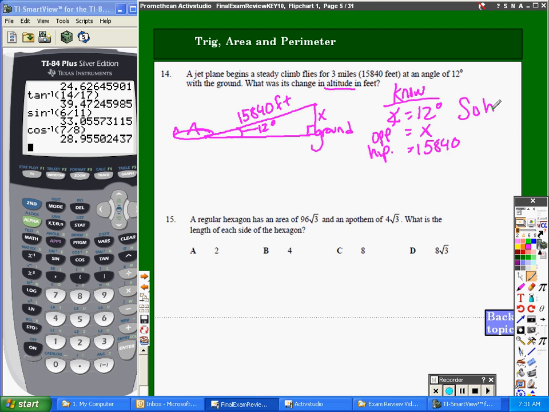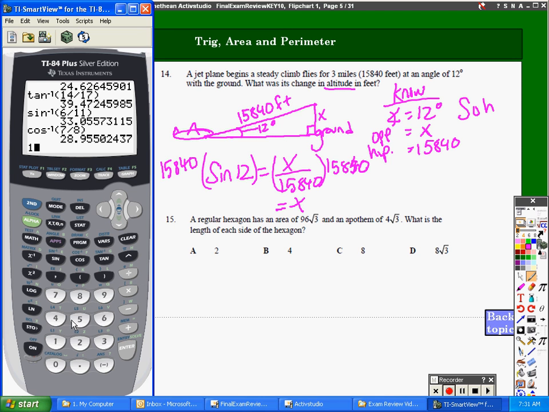Back to our SOH again, so our sine, and we're going to write our expression. The sine of the angle equals opposite x over hypotenuse 15,840. To get x by itself, we want to get rid of this denominator, so we're going to multiply both sides by 15,840. And we're going to put it in our calculator exactly once.